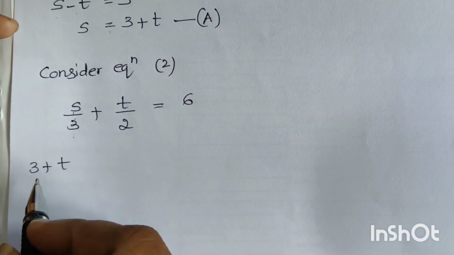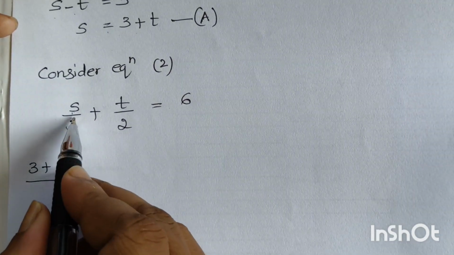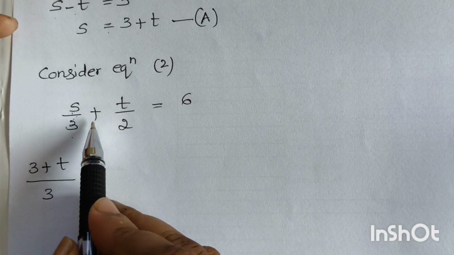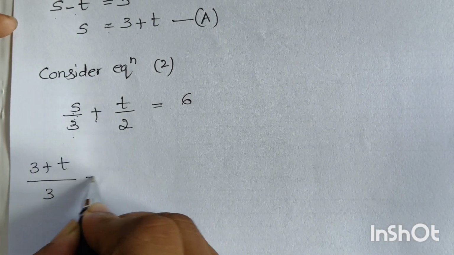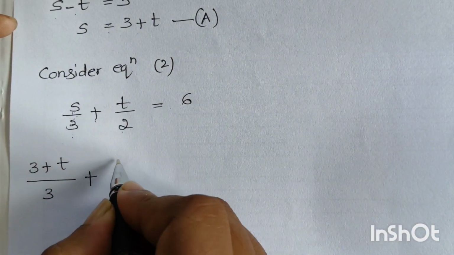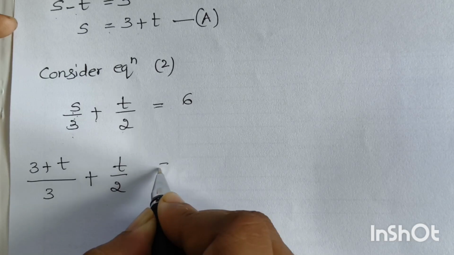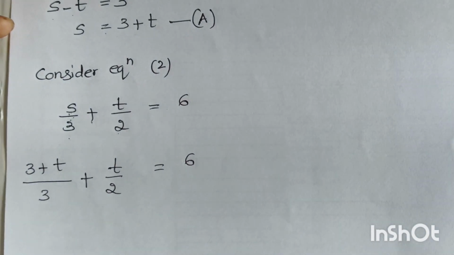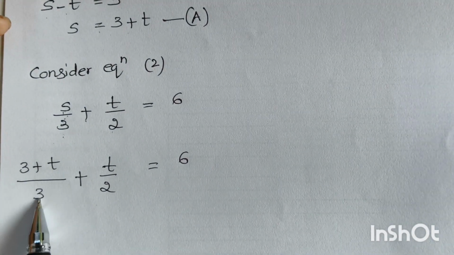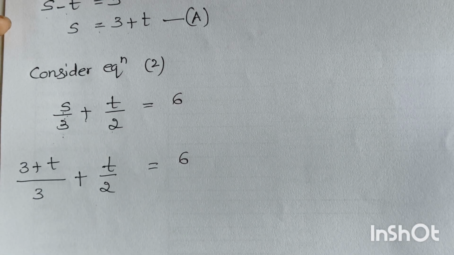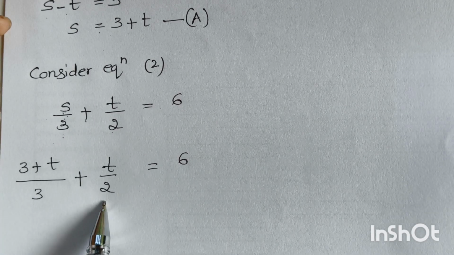Divided by 3, plus t by 2 is equal to 6. Now look at this, the denominators are different. Here it is 3 and here it is 2.